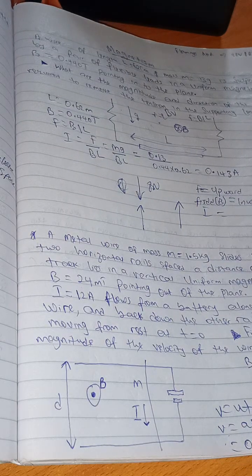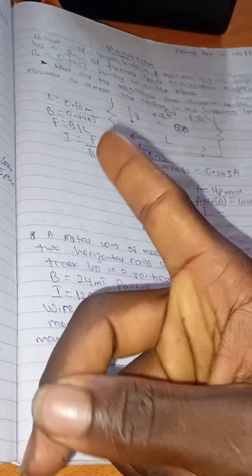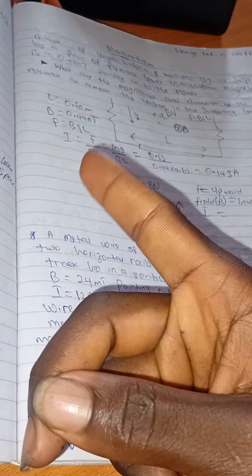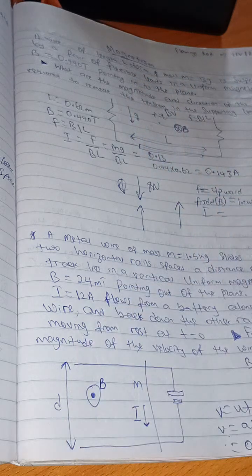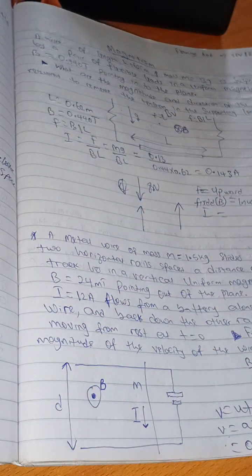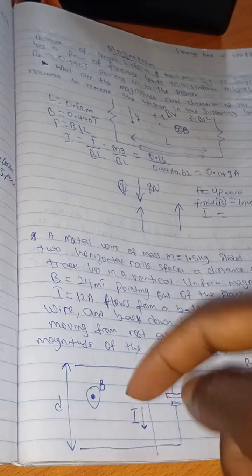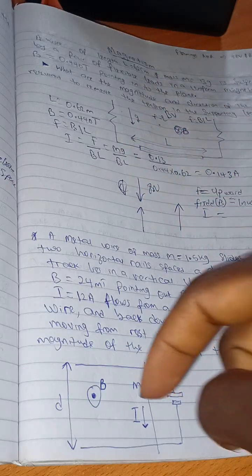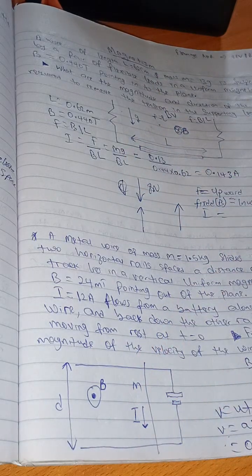Now to check the direction. That's where the problem is. Now please take note. For BIL, this finger stands for current. For qvB, it stands for velocity. Now it doesn't mean that whichever direction your current is pointing, that is your velocity. You can see that our current is downward there. Because the same finger represents velocity and current, it doesn't mean the direction of your current is the same as the direction of your velocity.